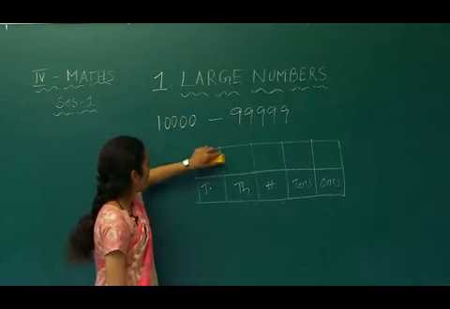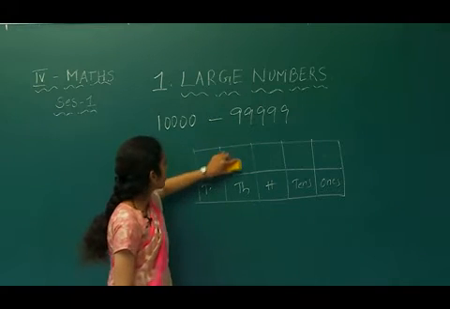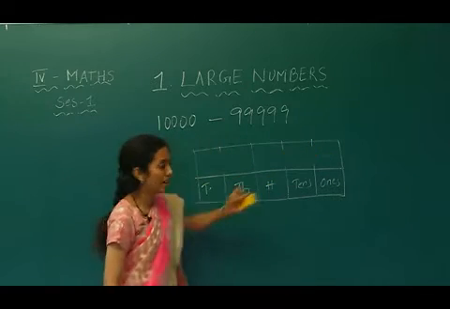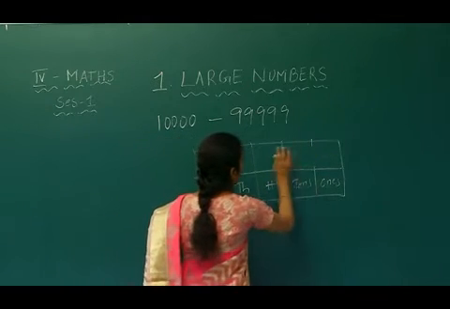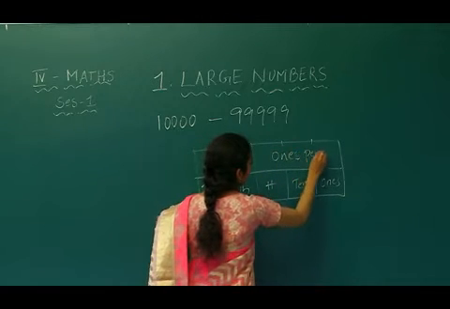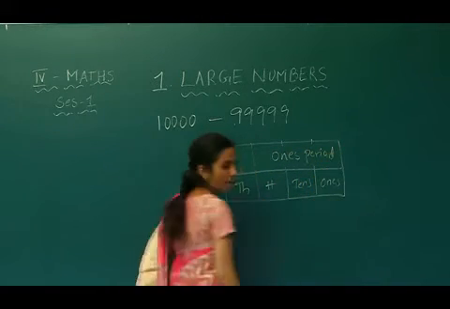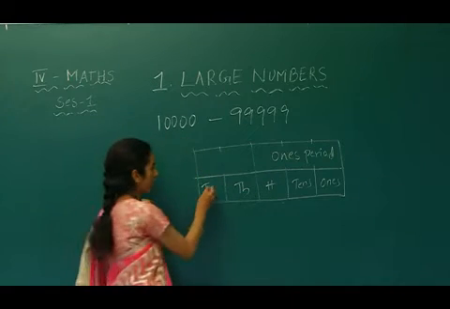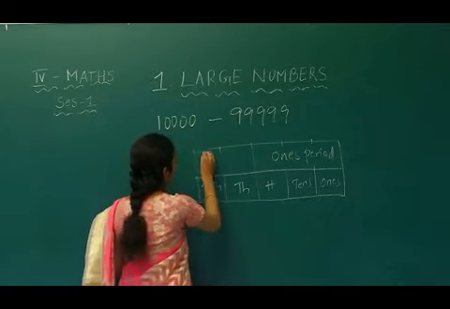So our place value chart is divided into 3 periods. These 3 come under the ones period, and thousands and 10,000s come under the thousands period.